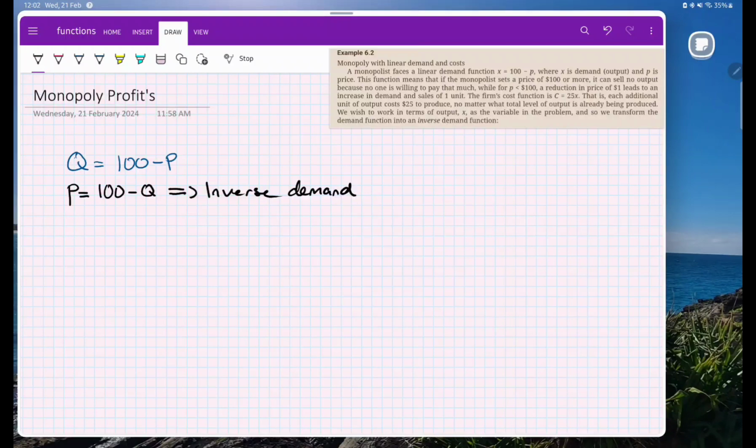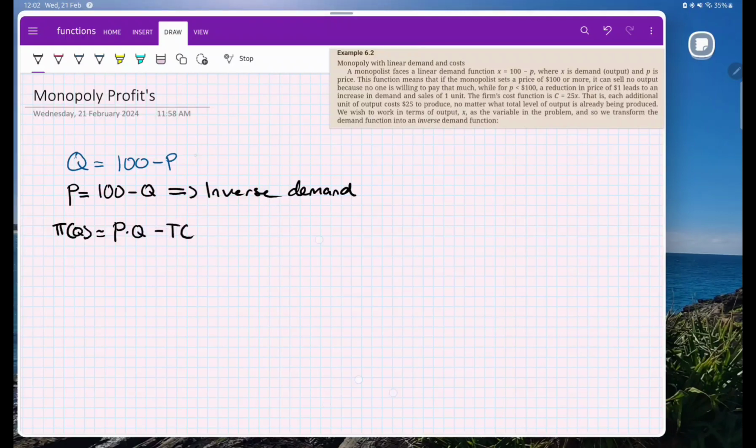Now we want to find the profits for this monopoly. And profit is total revenue minus total costs.